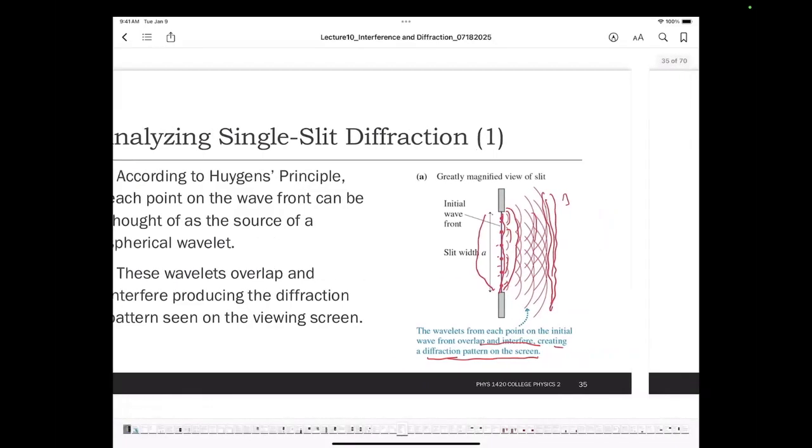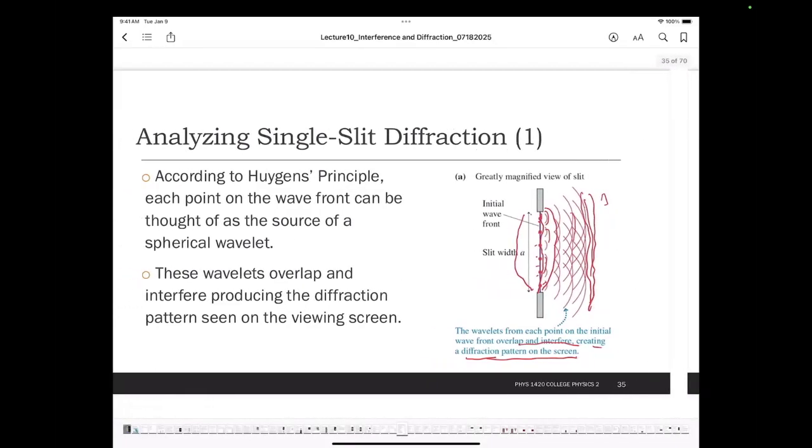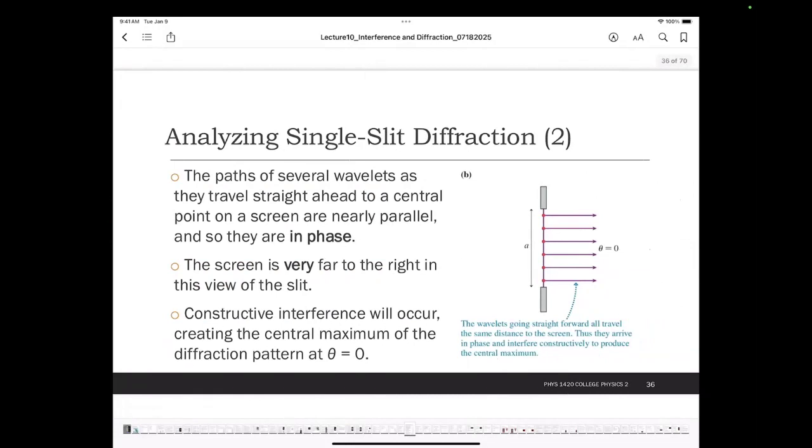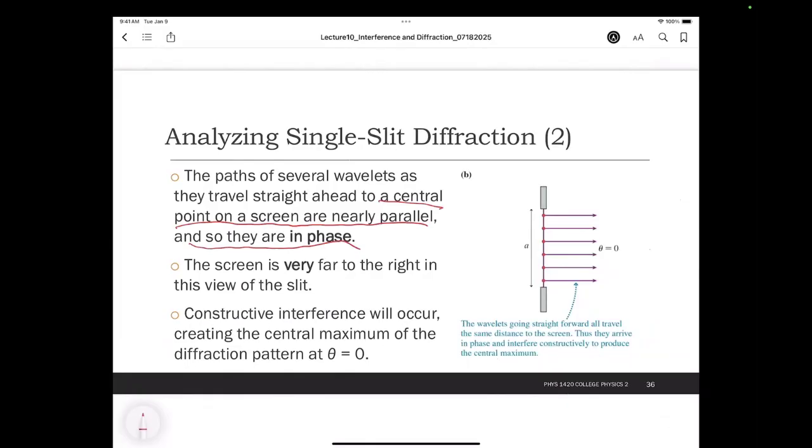Based on the Huygens principle, the paths of several wavelets as they travel straight ahead to a central point on the screen are nearly parallel, and so they are in phase. You can see here the wavelets going straight forward all travel the same distance to the screen.